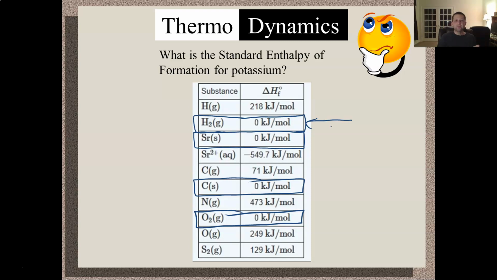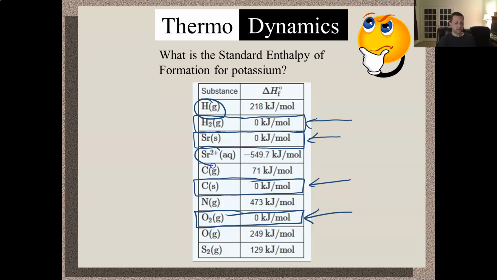Okay? Look at the one above it where you have hydrogen gas, and this is just the monatomic hydrogen. That's not how it's naturally found. Since it's not naturally found that way, there's going to be some enthalpy of formation required to make that monatomic hydrogen. So notice all of them with 0 here are for the elements in their standard state under standard conditions.